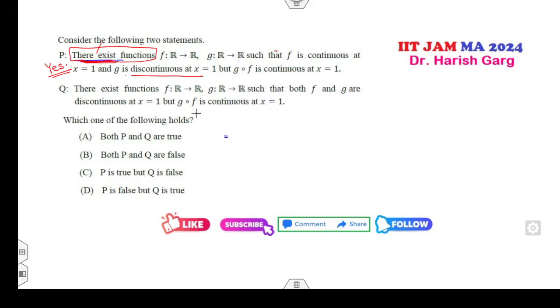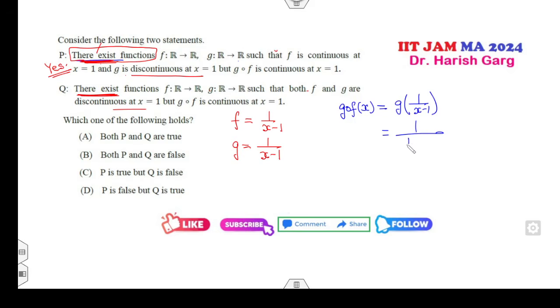Now look at the second example. There exists, again they are talking about "there exists." f and g both are discontinuous at x equal to 1. I can choose any function. Then we will check whether g circle f exists or not. So f of x is 1 over x minus 1. I can substitute 1 over x minus 1 of 1.